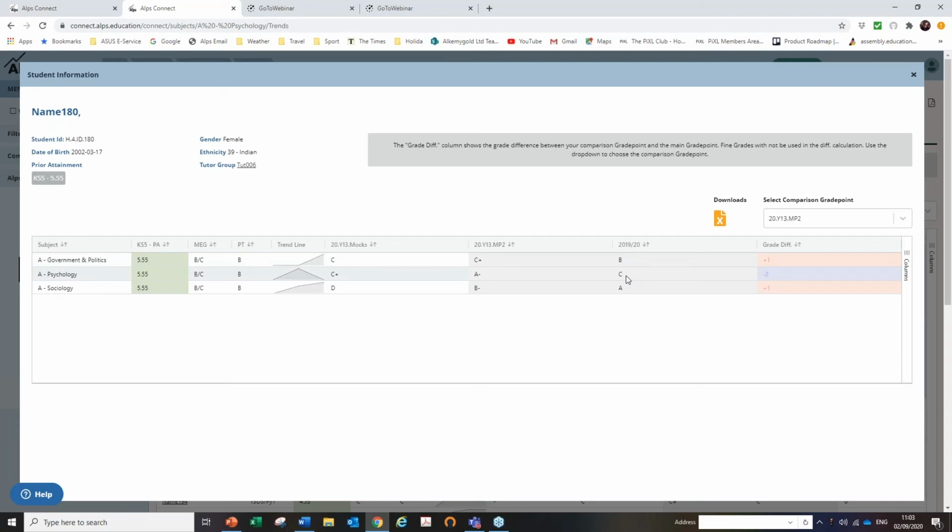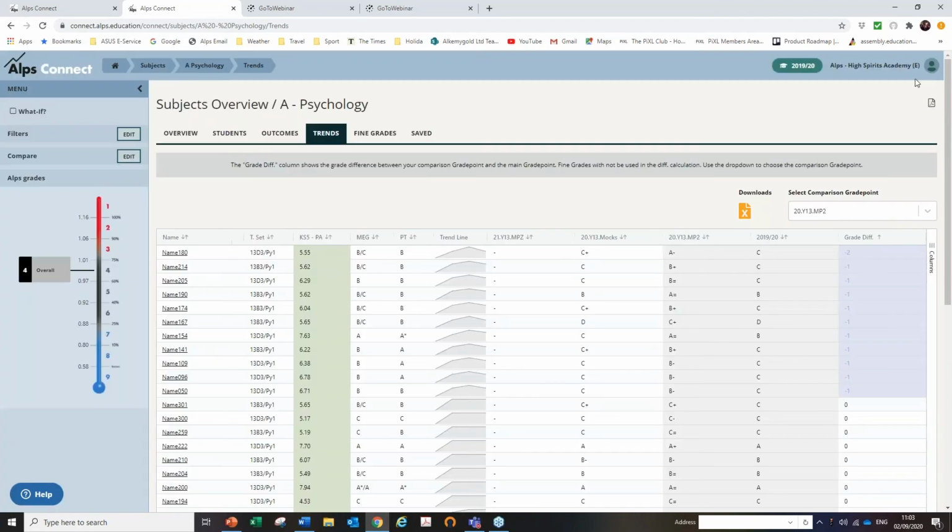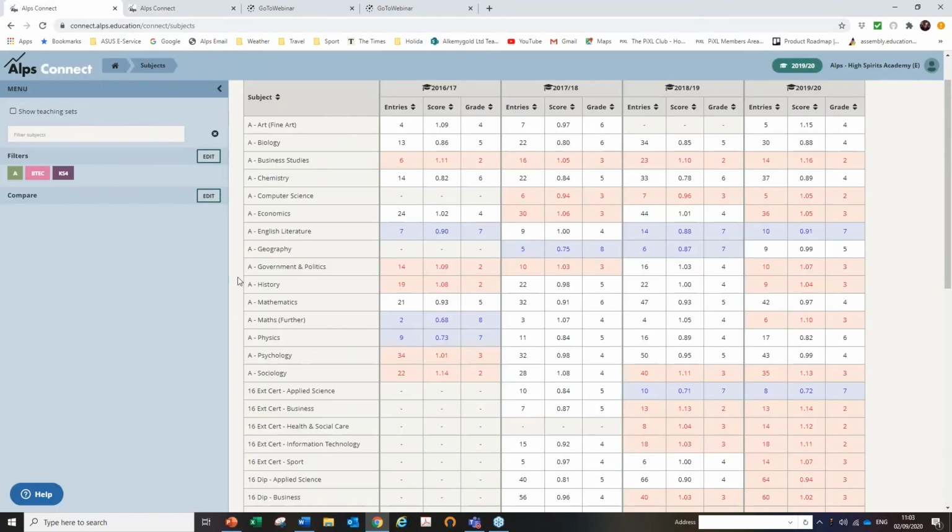Now, I'm not so sure that too many centre assessed grades ducked 2 grades down, but why might psychology have done this? I'm going to flip back to here, and psychology for the previous 2 years had never been red hot.